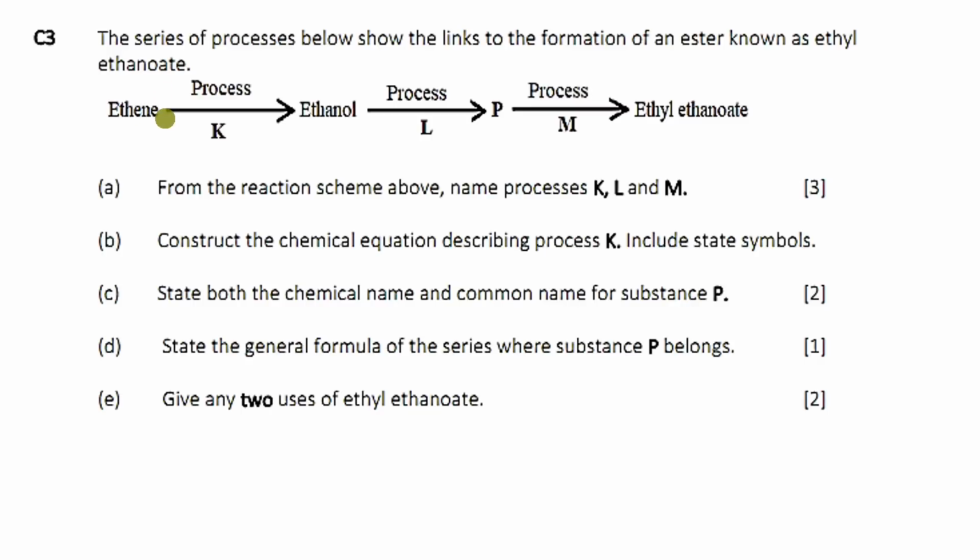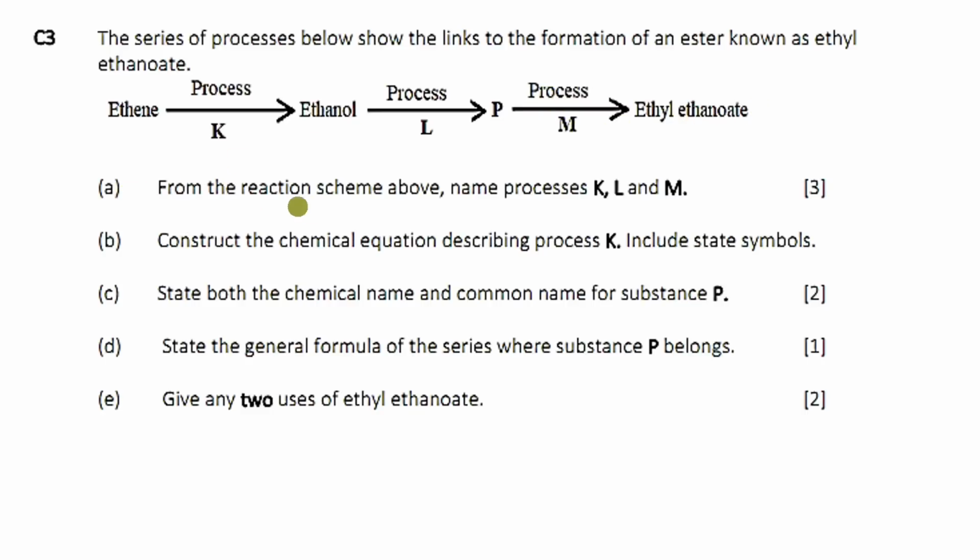So we have ethene undergoes process K, forms ethanol, ethanol undergoes process L, forms P, P undergoes process M to form ethyl ethanoate.